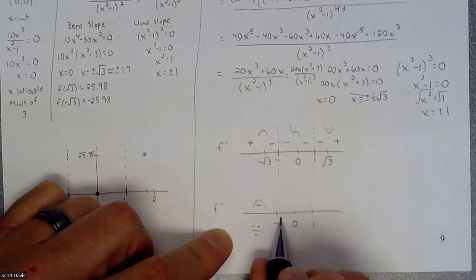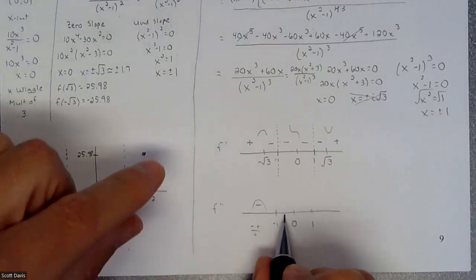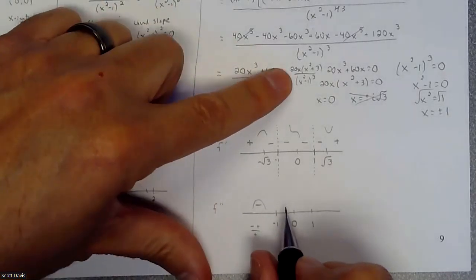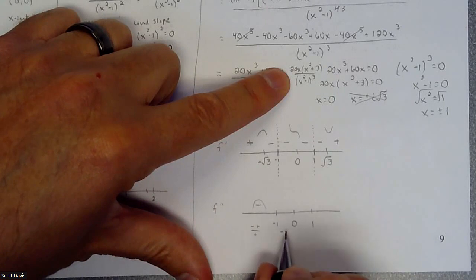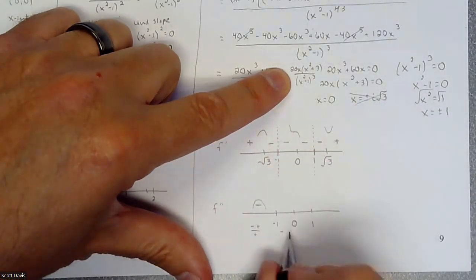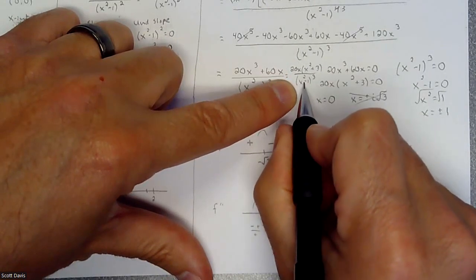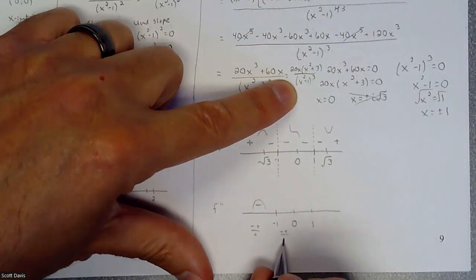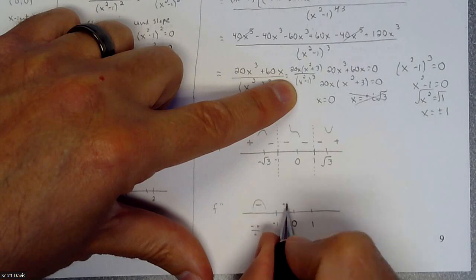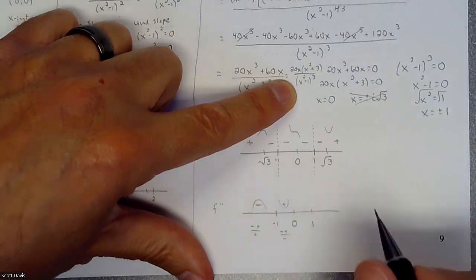And then here, between negative 1 and 1, so a negative half. Oh, let's see, negative half is negative. Negative 1/2 squared plus 3 is going to be positive. Negative 1/2 squared minus 1 is going to be a negative. Cubed is going to be a negative. So that's going to be positive. So concave up.